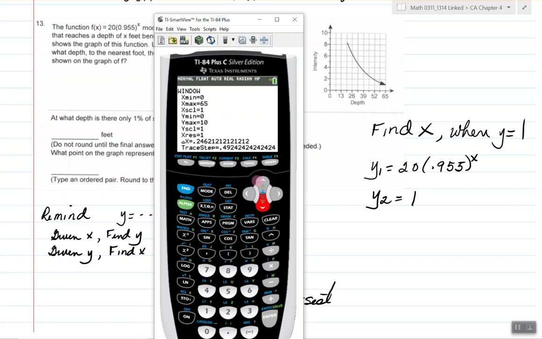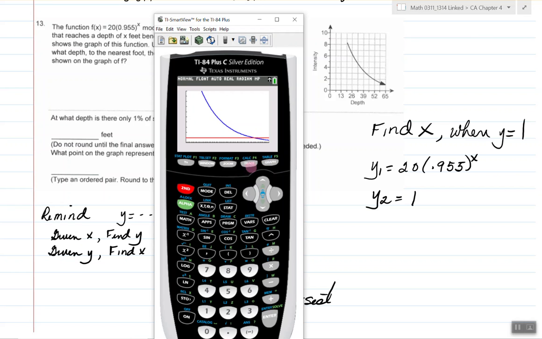So instead of just going out to 65, I'm going to go out to 80. I just picked that number. There's the graph. It's decaying a little bit further. Remember, when the base is less than 1, you get a decay curve. This is the point I'm looking for.